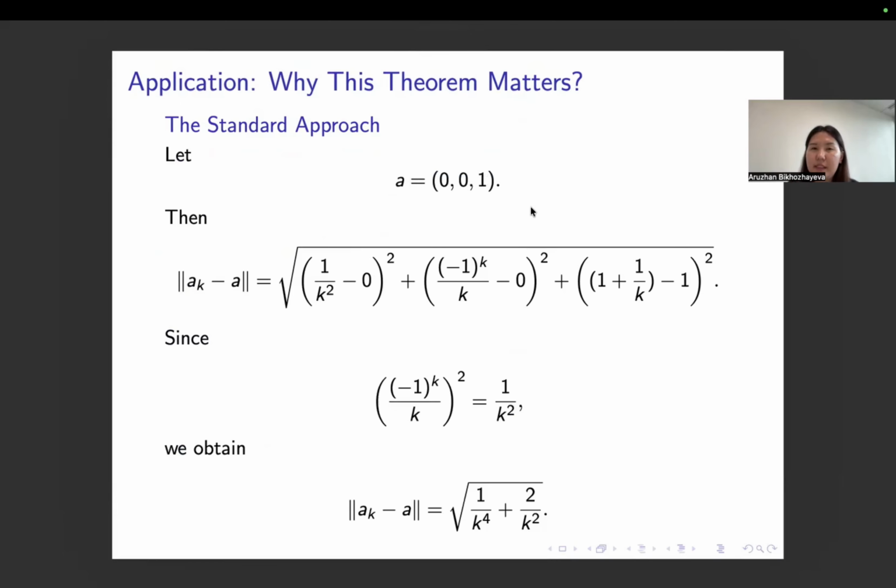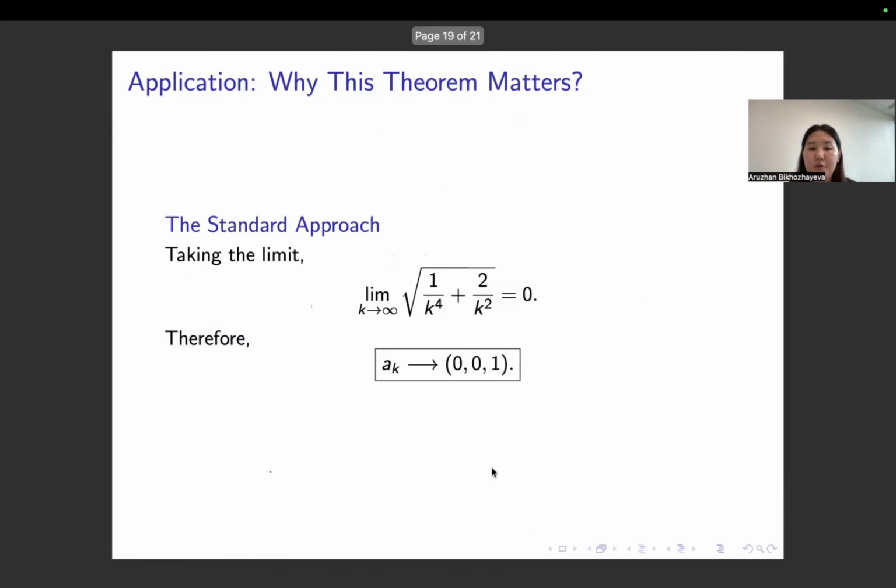And for comparison, out of curiosity, we can check how we would find the convergence using the Euclidean norm. We put the Euclidean norm first, simplify it, and finally show that it approaches zero after solving the distance expression.